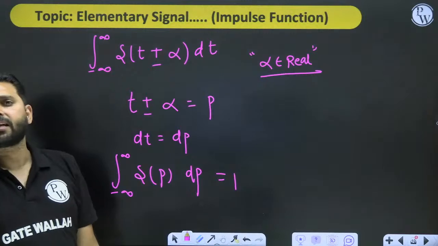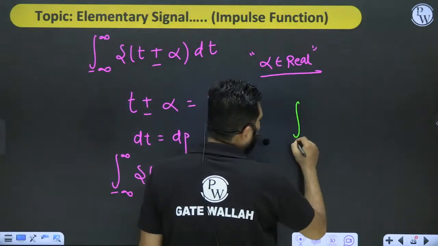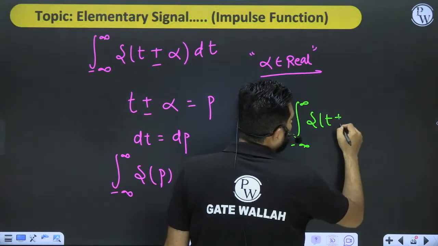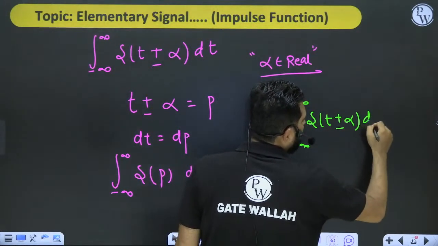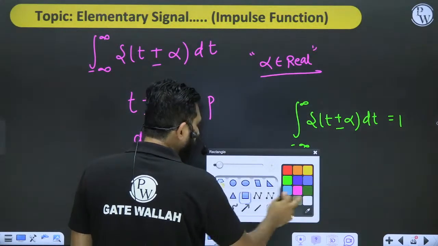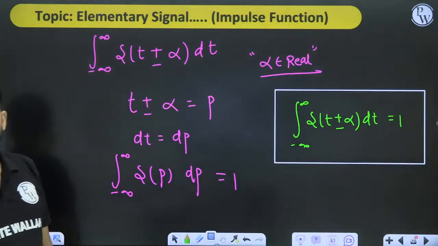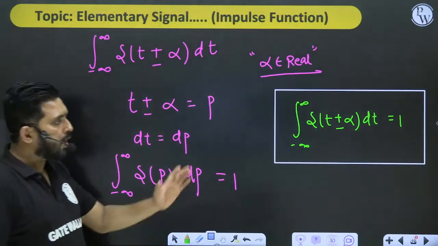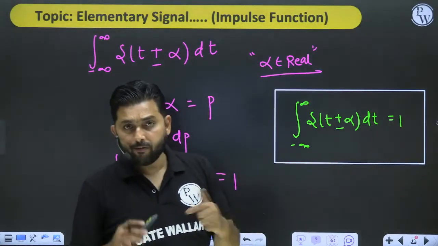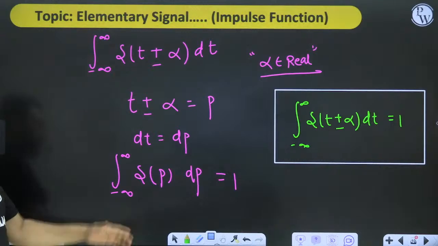So the result is that for a shifted impulse function, the integral from minus infinity to infinity of delta t plus or minus alpha dt is also equal to 1. That is one of the most important points that you have to take care of. So the shifted impulse function also has area under the curve equal to 1, which we use in today's class.